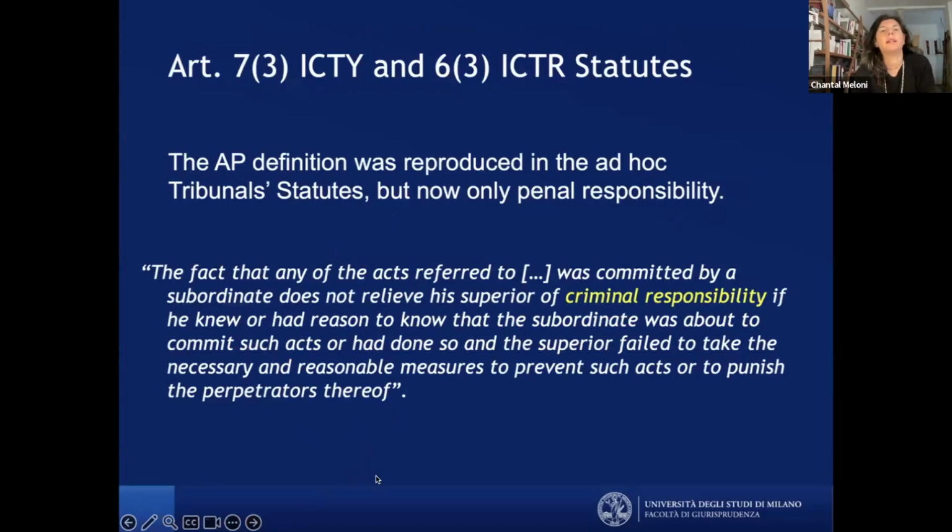And it's only with the ad hoc tribunals that we have a clear criminal responsibility for this mode of liability, for this failure to control and failure to take the necessary and reasonable measures to prevent such crimes committed by the subordinates, and therefore implying the superiors' or the commander's responsibility.